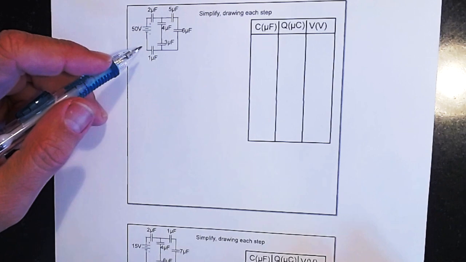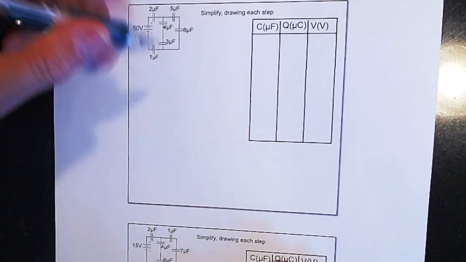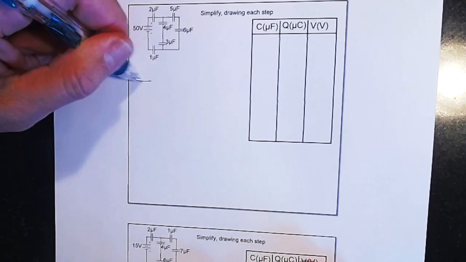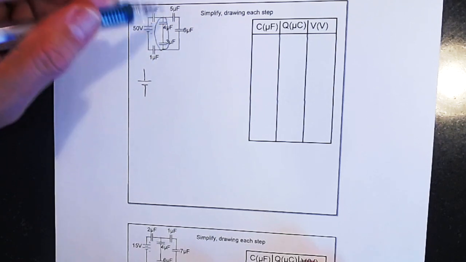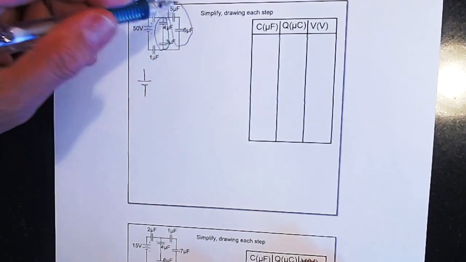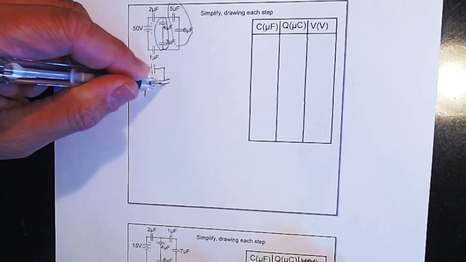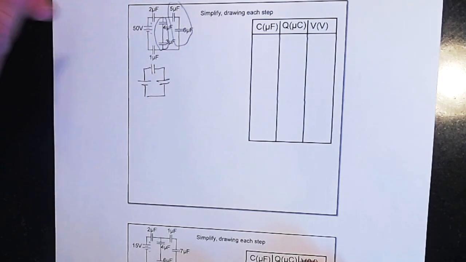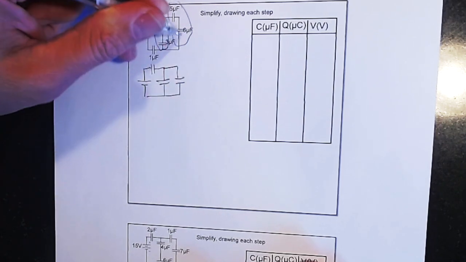Simplify drawing each step. Oh my gosh, I'm not going to do all the numbers. I will fill out the table, but I will show you that the first thing is to simplify these two in series, but you can also simplify those two in series. So you end up with this, right? Because those two simplify to that, and those two on the end simplified to that.